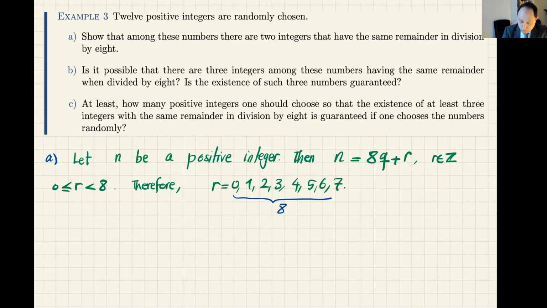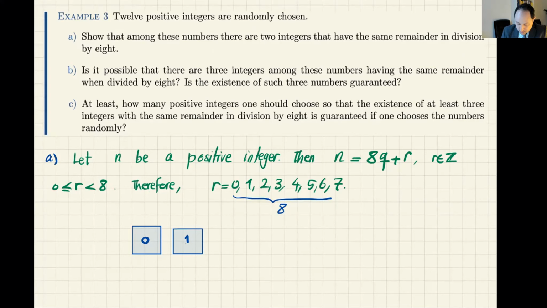So it means that if you want to know the role of pigeons and pigeonholes, you can say that, okay, I take a box and write 0 on it. It means that when I divide a number that I have chosen by 8, and if its remainder is 0, I will take that number and put it inside this box. I will have another box and write 1 inside it.